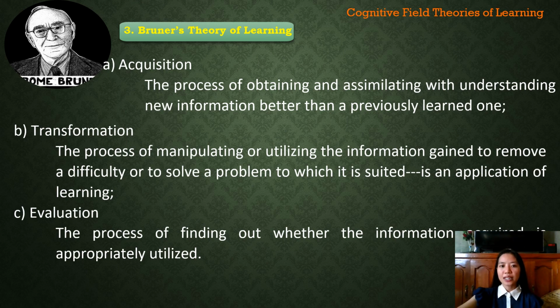Let's have an example. A student learns that distance is equal to rate of speed times time. This is acquisition. A problem arises: how far will a car go in 3 hours if it travels 80 kilometers per hour?